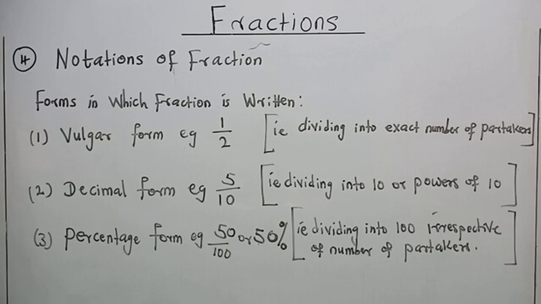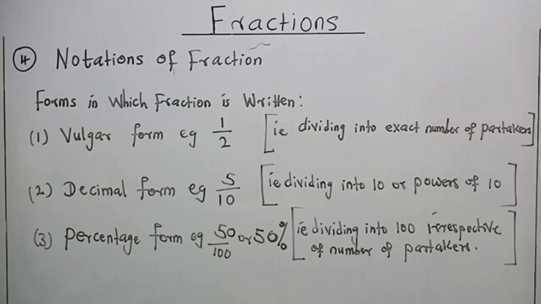So far, we have three forms in which fractions exist. They are vulgar form, decimal form, and percentage form. Vulgar means picking from the exact number of portions that correspond to the number of partakers. Next, decimal means picking from 10, which may not correspond to the number of partakers, but is for convenience.